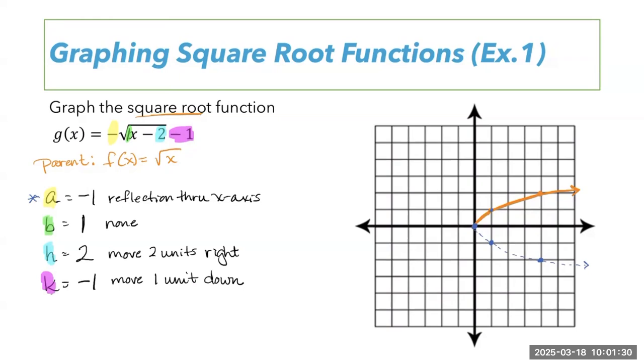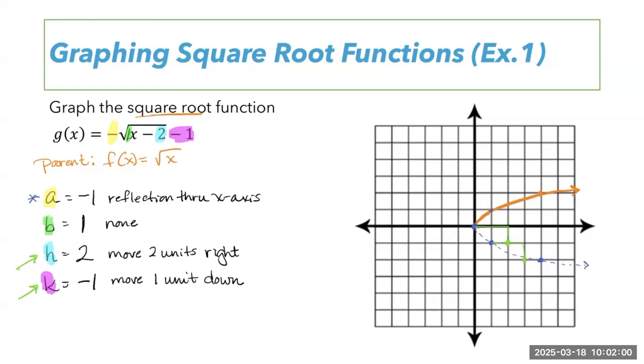Now I'm going to deal with H and K and move that blue graph around. So every point on the blue graph is now going to move 2 units to the right and 1 unit down. So my 0, 0 point, 2 units to the right, 1 unit down, I have a new point right there. 1, -1 now, 2 units to the right, 1 unit down, gives me a point right there.